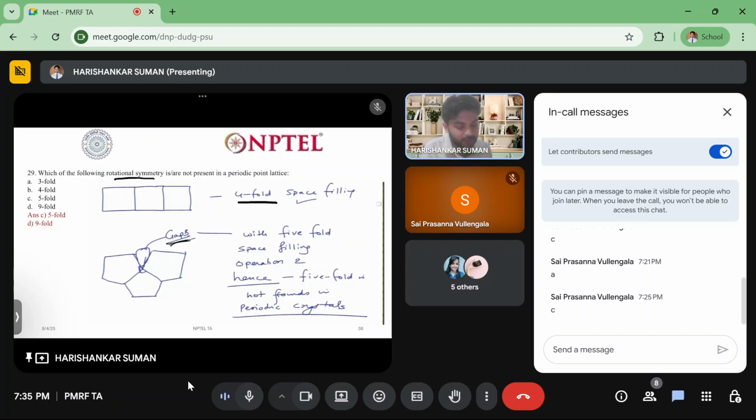That's why these are absent in periodic point lattice symmetry. There are gaps. And similarly for 9.